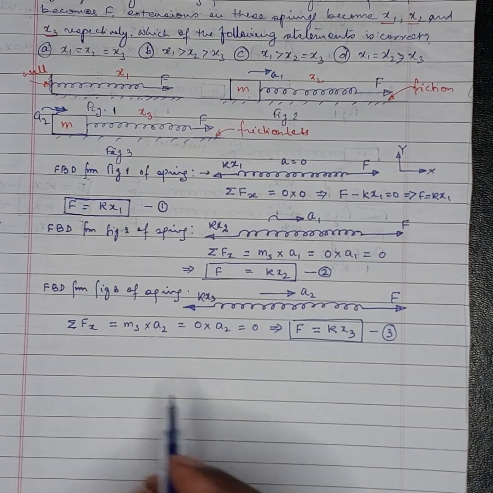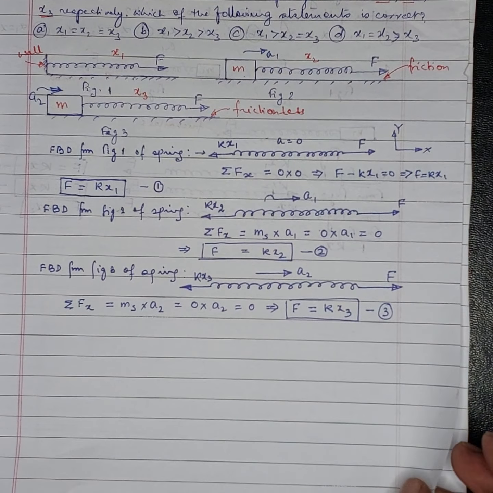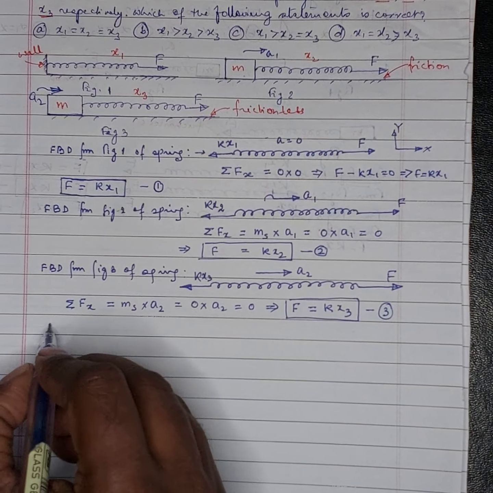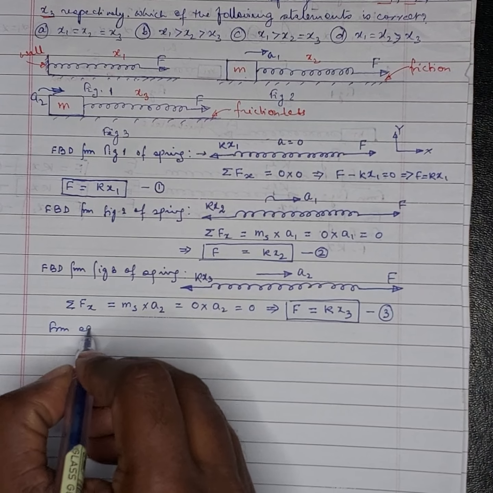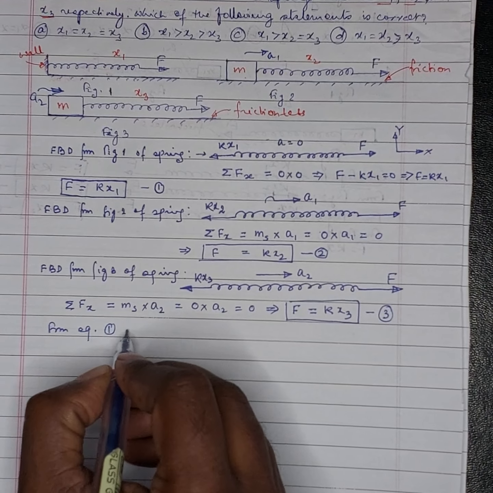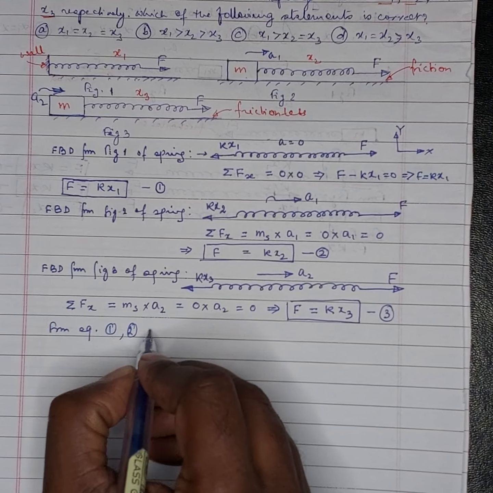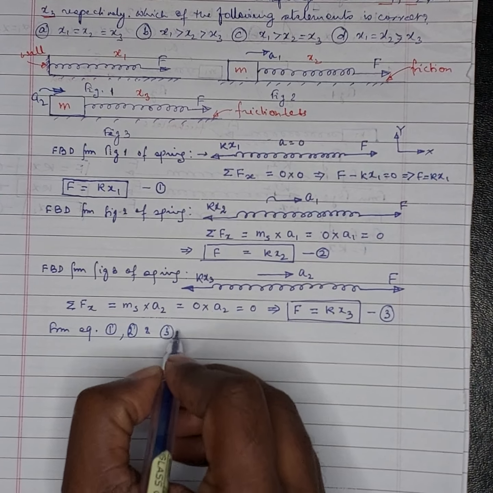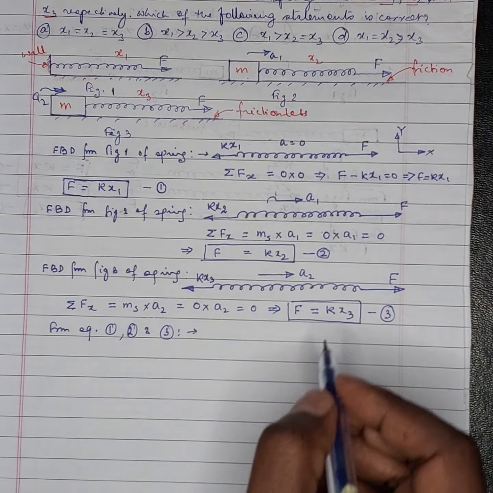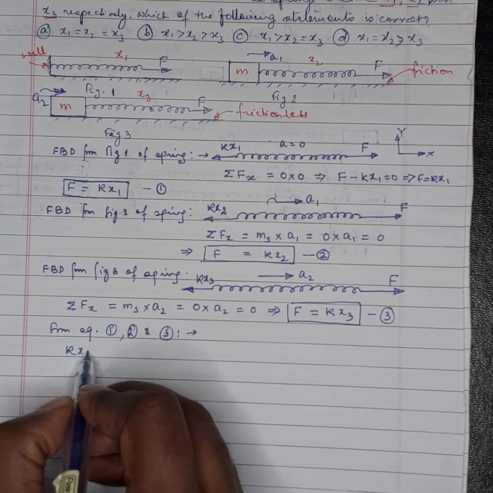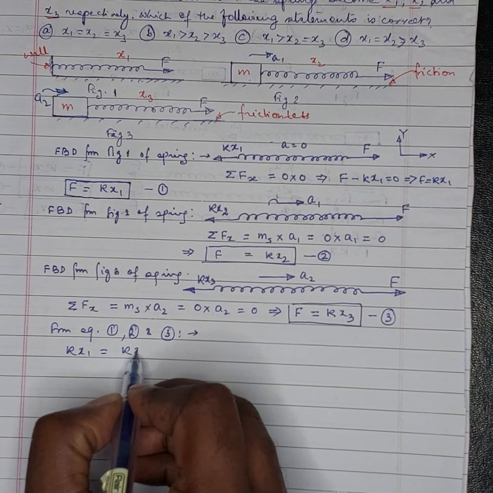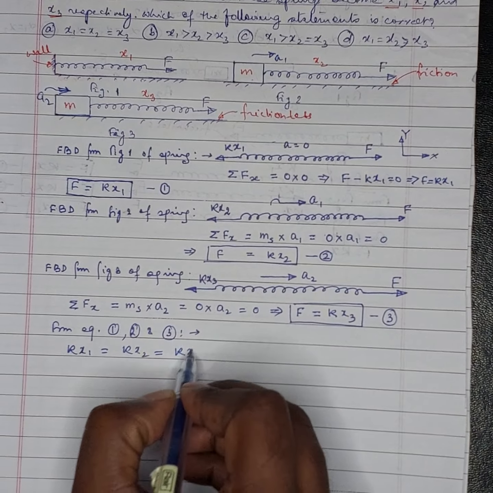So from equations 1, 2 and 3, kx1 is equal to kx2 is equal to kx3.